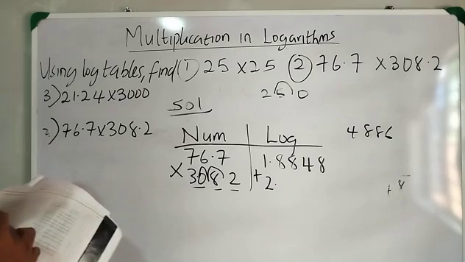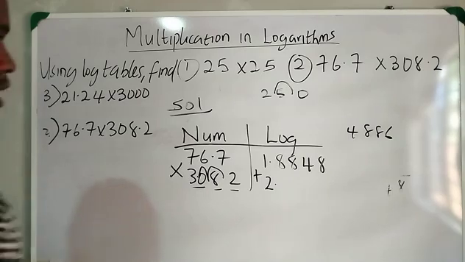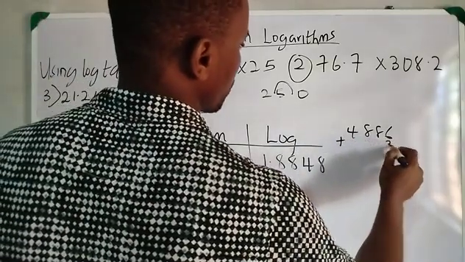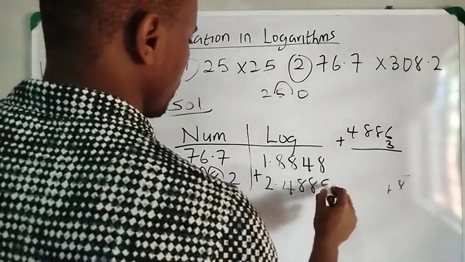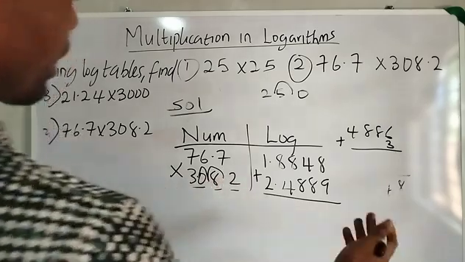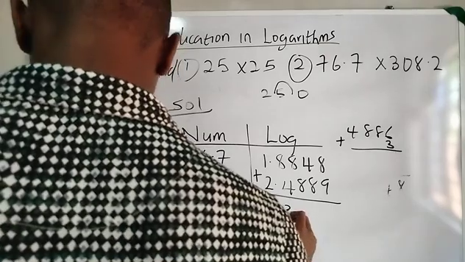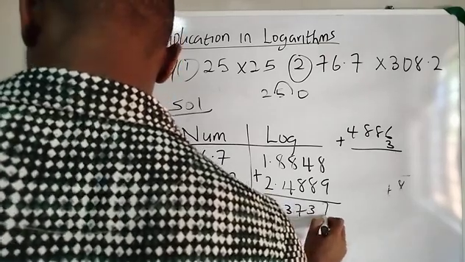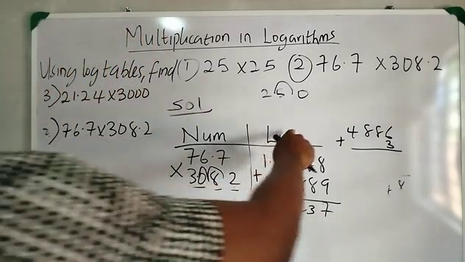And then if you continue under that same line, then you are going to have difference 2 as 3. Difference 2 will give you 3. So when you add it, you are going to have 4889. Are we together? So when you add these 2 numbers in logarithm, you are going to get your final answer in logarithm. Adding it is going to give you 4.3737.